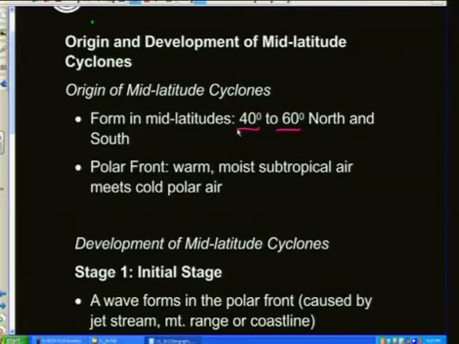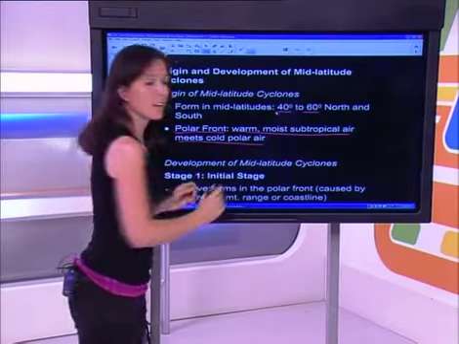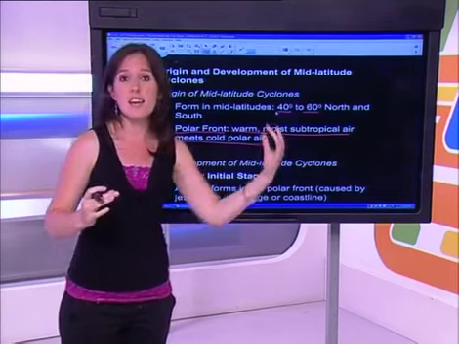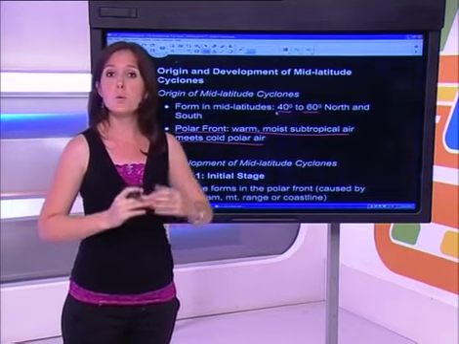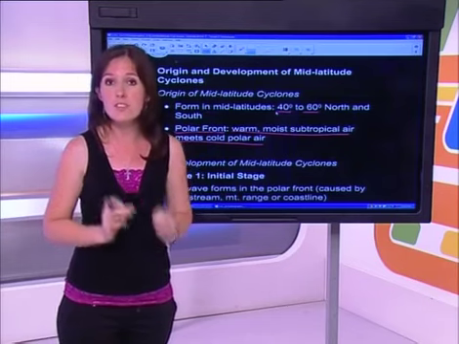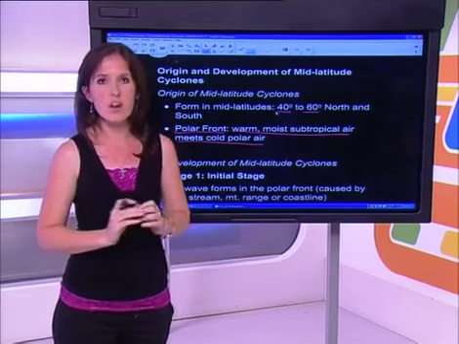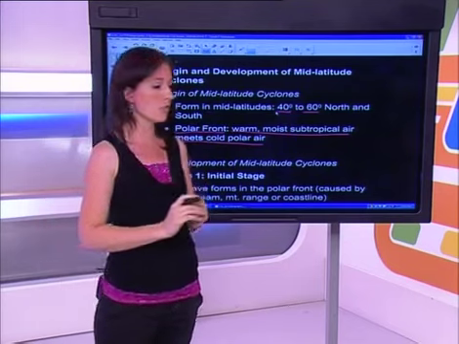You also need to know what the polar front is: it's where warm, moist, subtropical air that's diverging out of the subtropical highs is meeting cold polar air that's diverging out of the polar high. When they meet, they form an area which we call a front, separating two different air masses. Those conditions are absolutely imperative for mid-latitude cyclones to form.